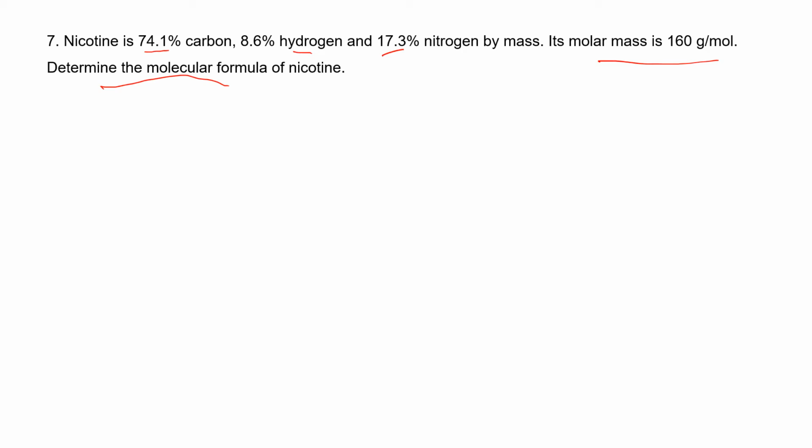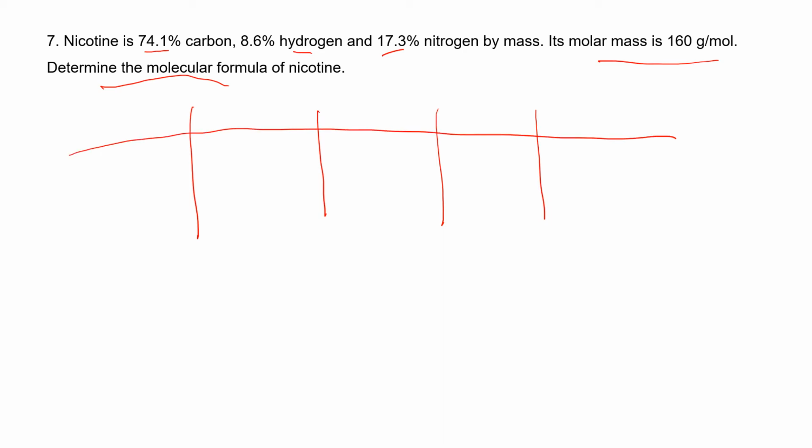First, we have to find the smallest ratio, or empirical formula, for nicotine based on the percentage. So what do we do? We make a table, simple. We have carbon, hydrogen, and nitrogen.